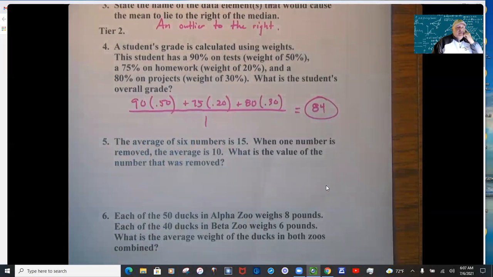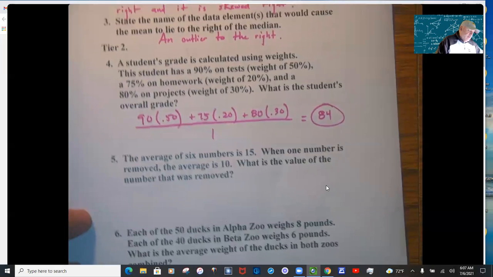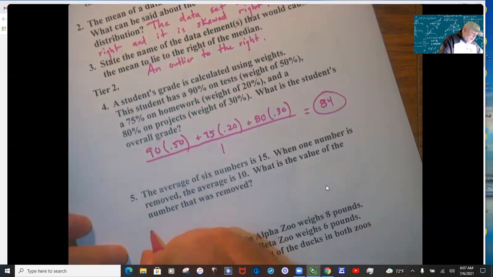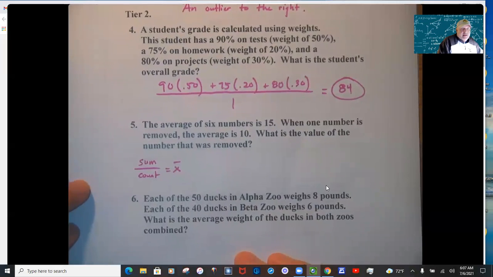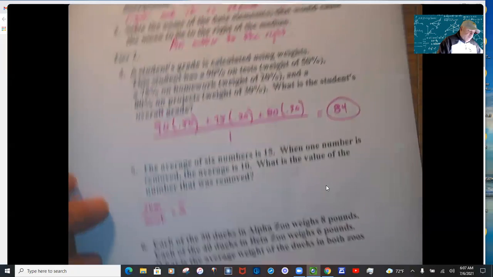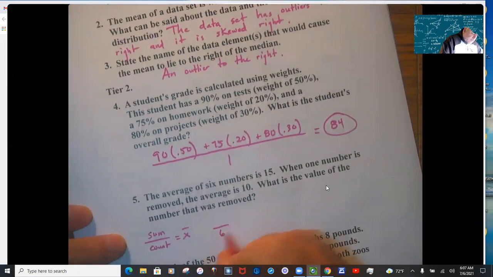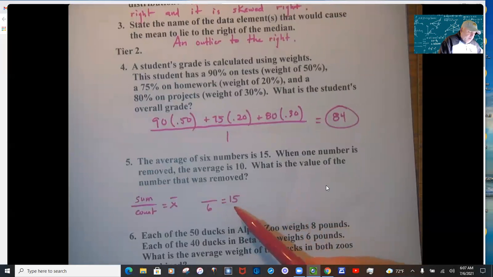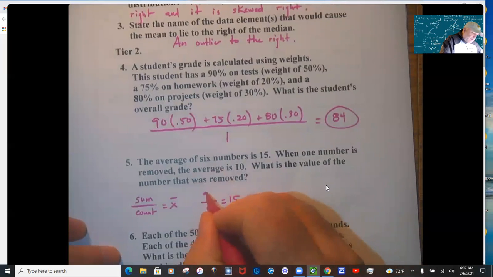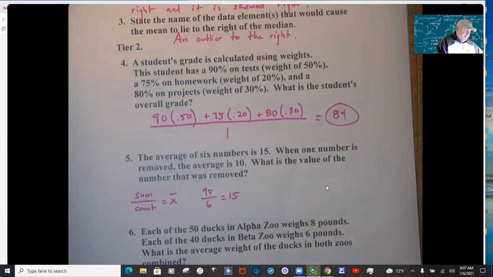Problem 5, the average of 6 numbers is 15. What we need to understand is that the sum over the count is the average, and that's huge in this. So the average of 6 numbers is 15. What is the sum then? We can go backwards and figure out that the sum has to be 90, 15 times 6.